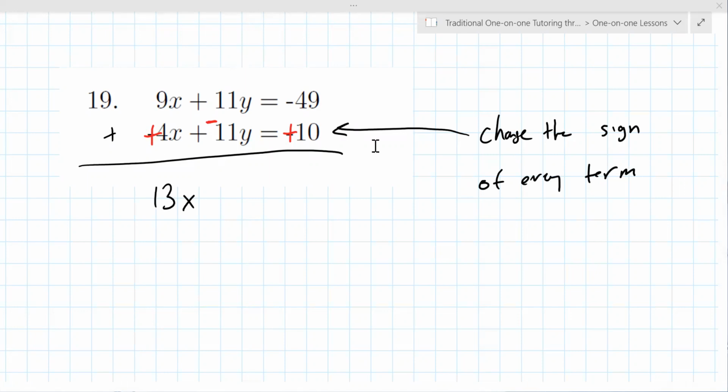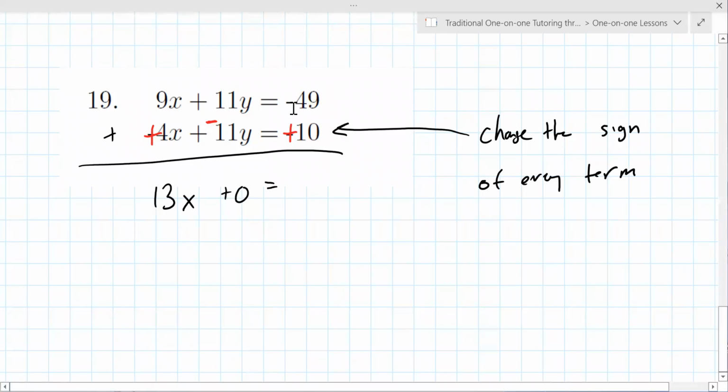How about 11y plus negative 11y? That's going to be 0. Very good.